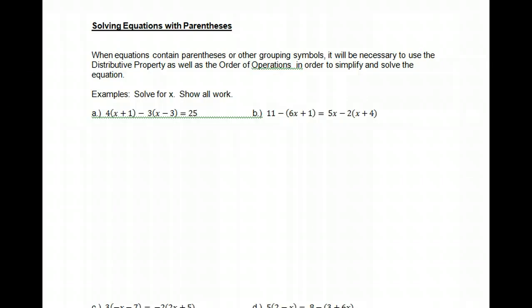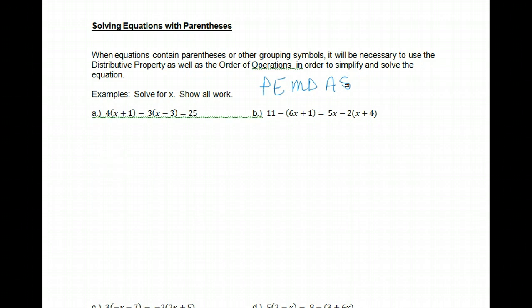Since the right-hand side of our equation only has a 25, we're not worried about it. We're going to look at the left-hand side. So we need to remember our order of operations. We have our parentheses, exponents, multiply, divide from left to right, and add, subtract from left to right.